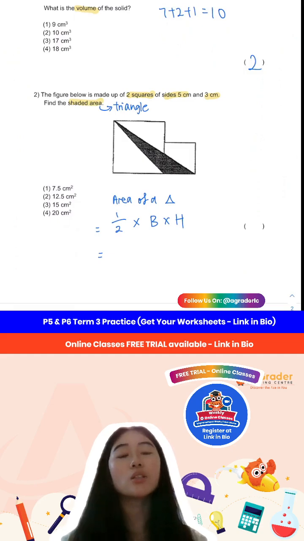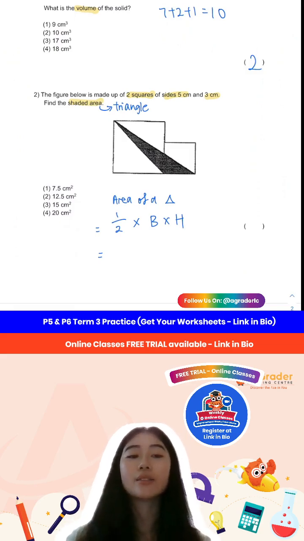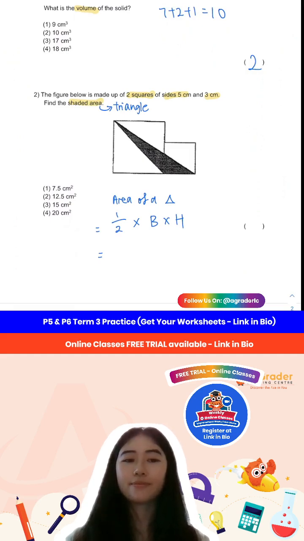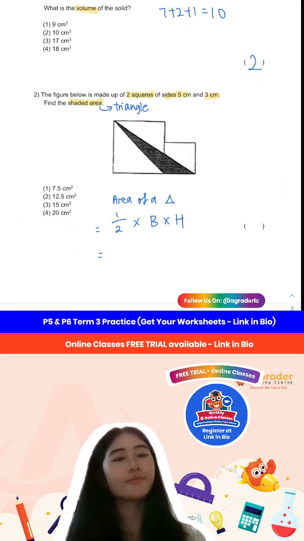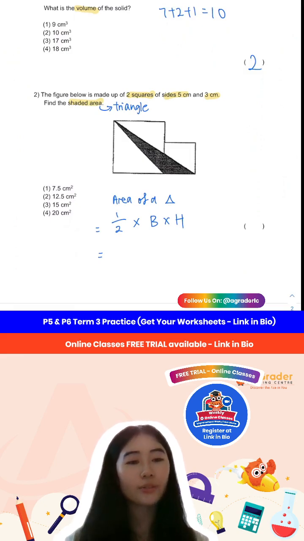If you look at this triangle, what is the base and what is the height? Let me know in the chat. What do you guys think the base and the height is? Okay. So Wong said that the base is 3 and the height is 5. Let's see whether it's correct.